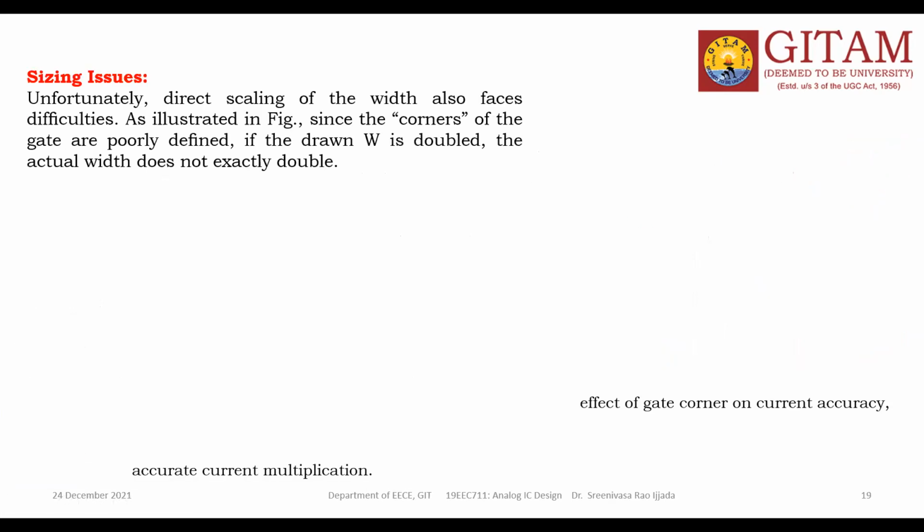Unfortunately, direct scaling of the width also faces difficulties. We have a problem with length, so we are not touching it. But coming to the width, there is a small hurdle. Direct scaling of width is facing some problems.